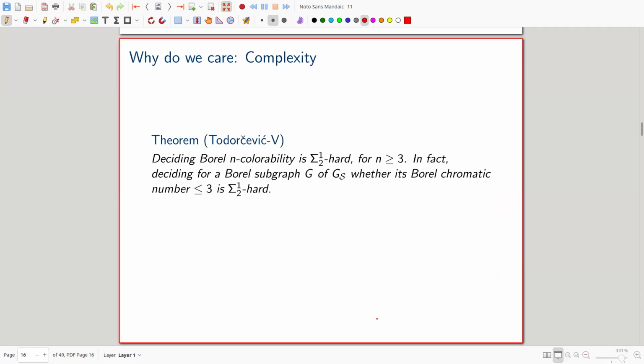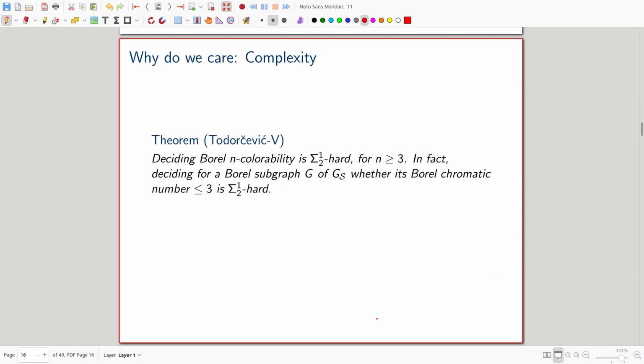Another reason I care about this is that you can formulate complexity-related questions. After this investigation of the shift graph and this 1, 2, 3, infinity theorem, people asked: can we understand the subgraphs of the shift for which there is a 3 coloring?